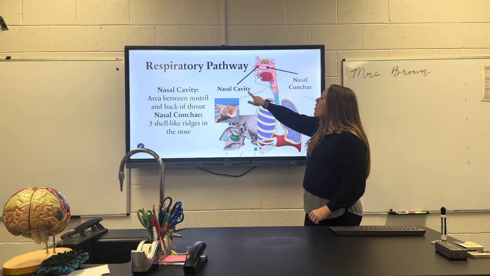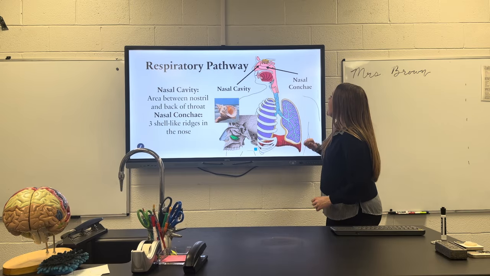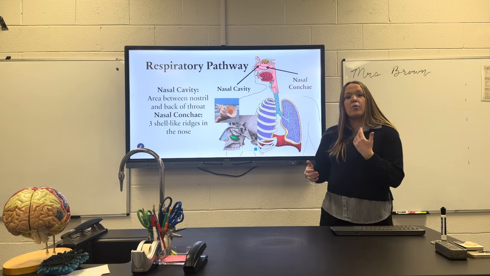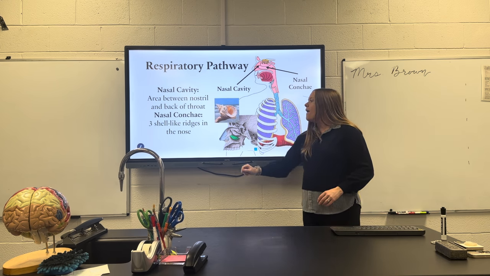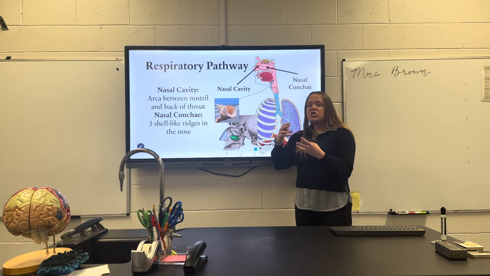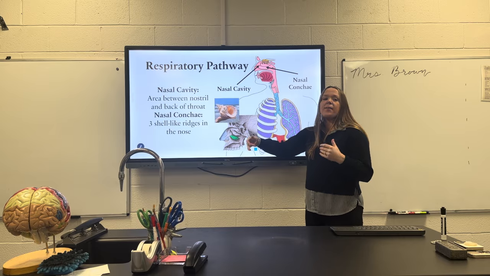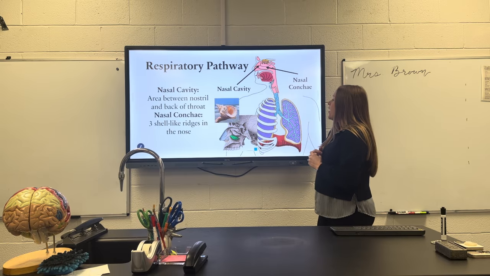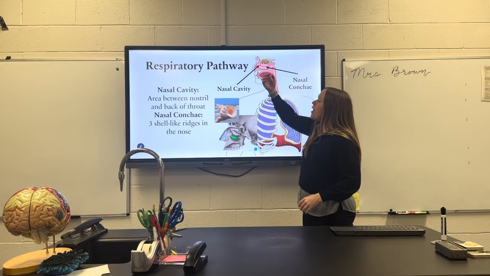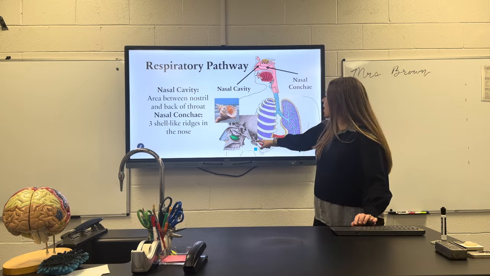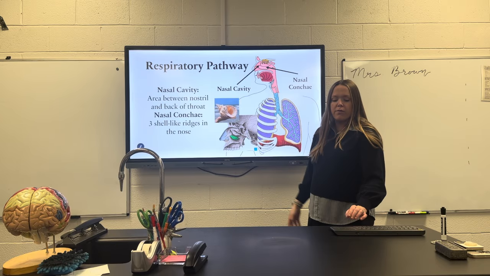The nasal cavity has something called nasal concha in it. The word concha is similar to conch shell. These are 3 ridge-like bone protrusions coming into the nasal cavity. They're covered with soft tissue, but they're actually a part of the skull itself.